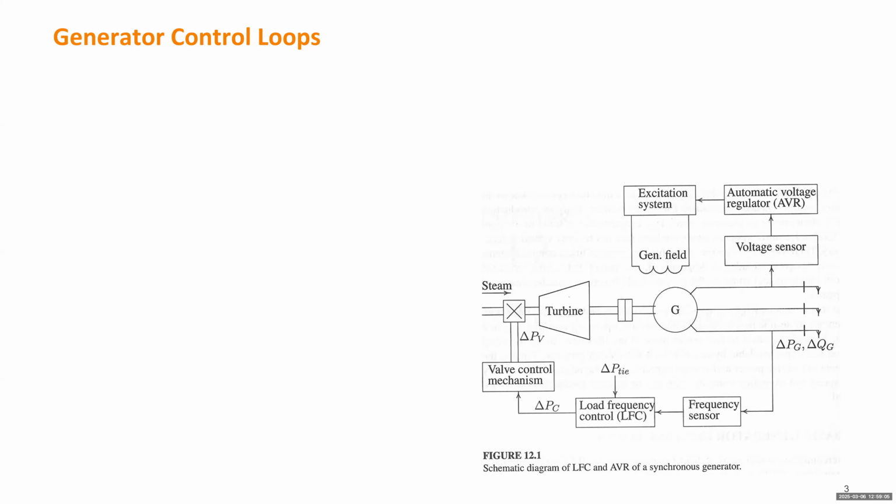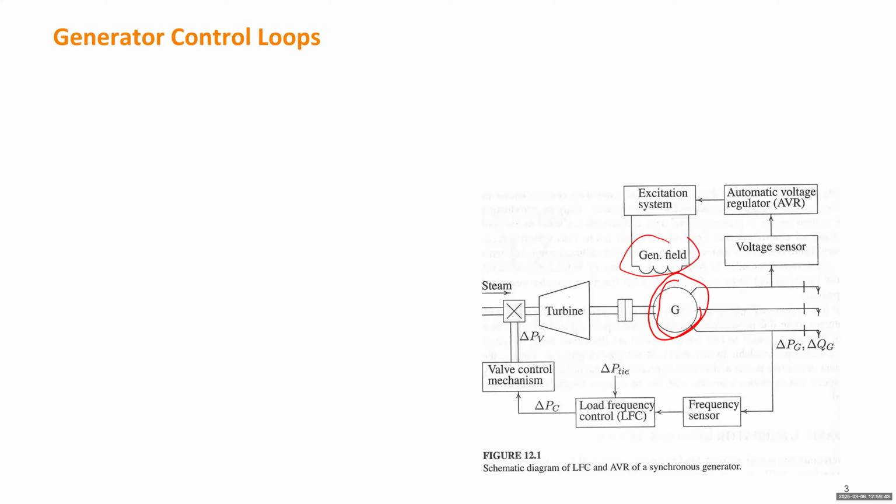So this figure shows the diagram of voltage and frequency controls for a synchronous generator. So far, we have learned how to model the synchronous generators, which is basically the circle with G. In our modeling, we treat the field winding as providing constant field voltage or constant field current, denoted by IFD.